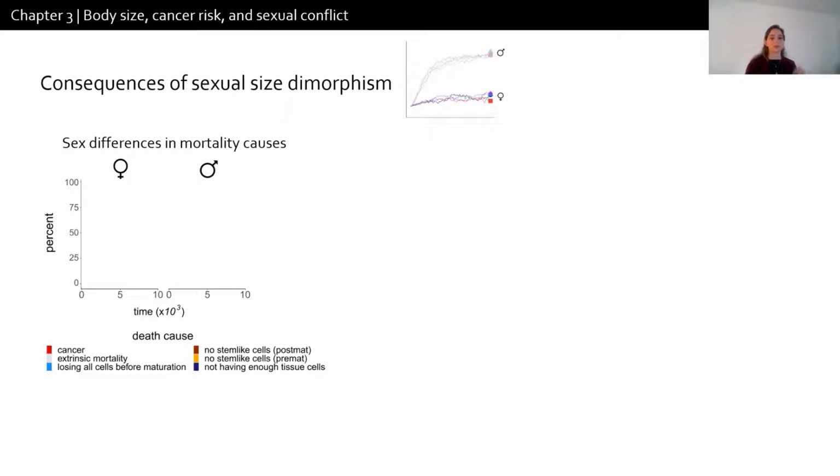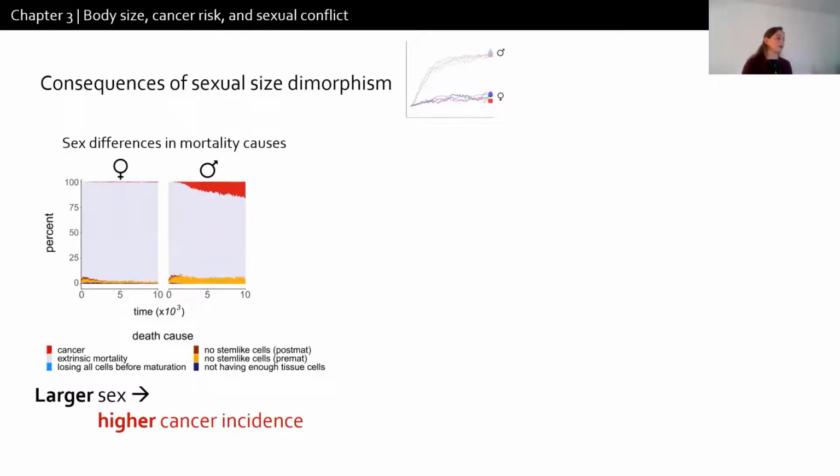You don't have to look at all these mortality causes, but what I would like you to see is that cancer, shown in red here, increases in time because males increase in size over time. And as males are larger than females, they have a higher cancer incidence compared to females. So the larger sex has higher cancer incidence.